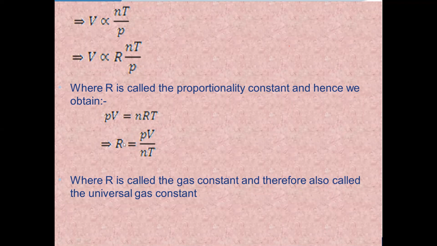We can rearrange further, so R is equal to PV upon nT, and R is called the gas constant, and therefore is called universal gas constant.